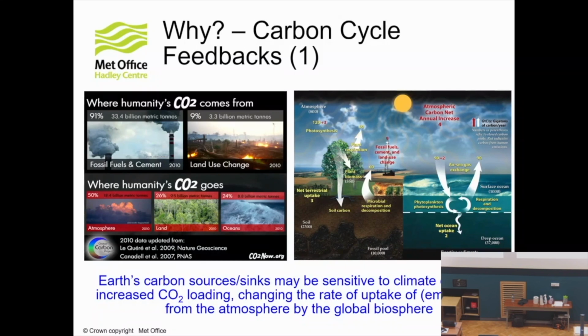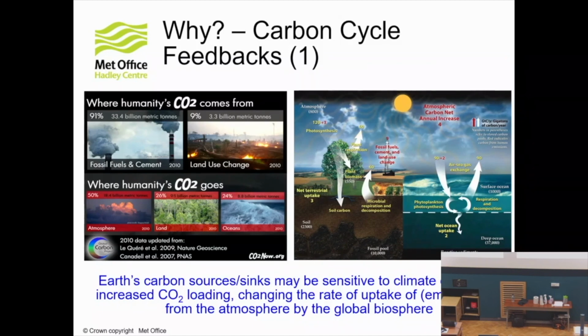And the schematic on the right is showing the budget of carbon dioxide between the land, the atmosphere and the ocean. So first of all, if we consider emissions, about 90% of the CO2 that we emit into the atmosphere is from burning fossil fuels and from cement production, and about 10% is through land use change.